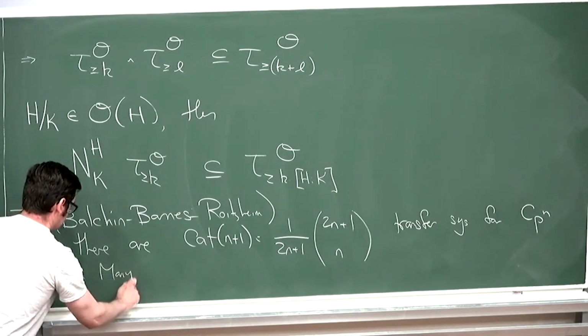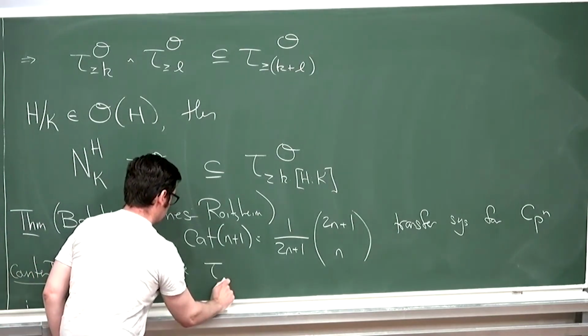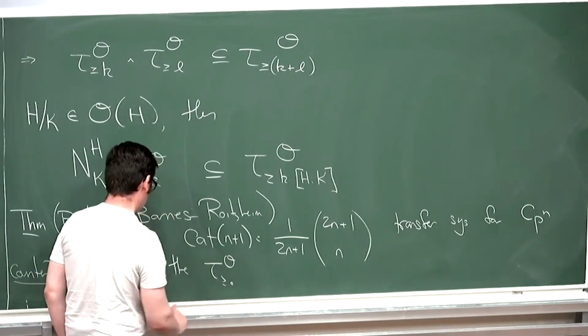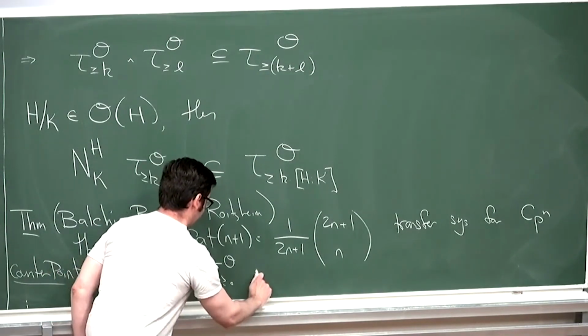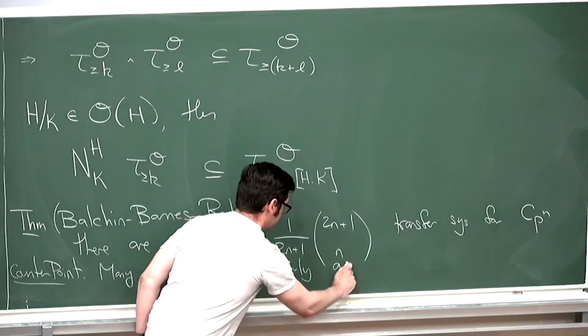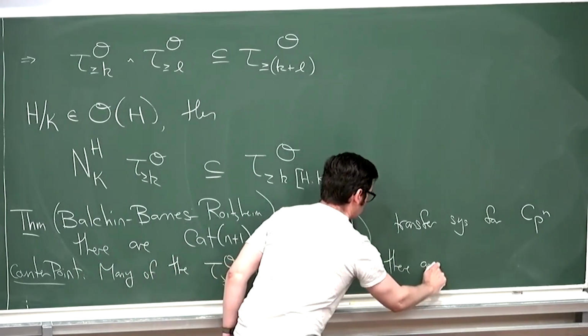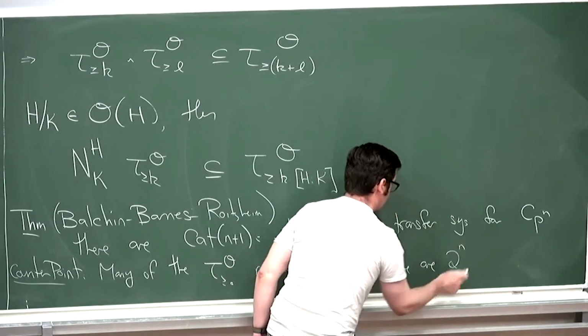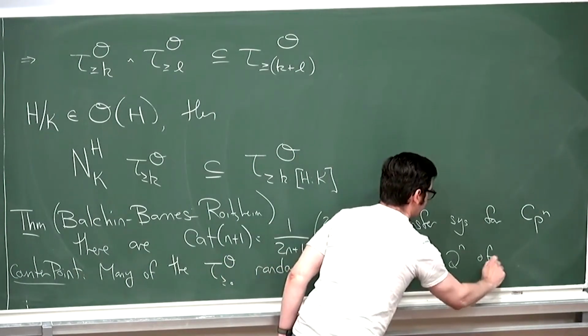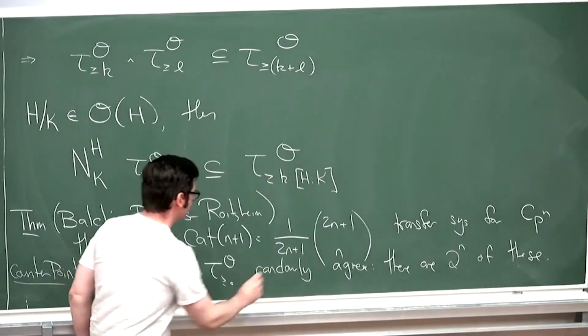Many of the tau big and equal to something O's randomly agree. By which I mean there are only 2 to the n of these. So when I think about these, randomly, that's not a real word.